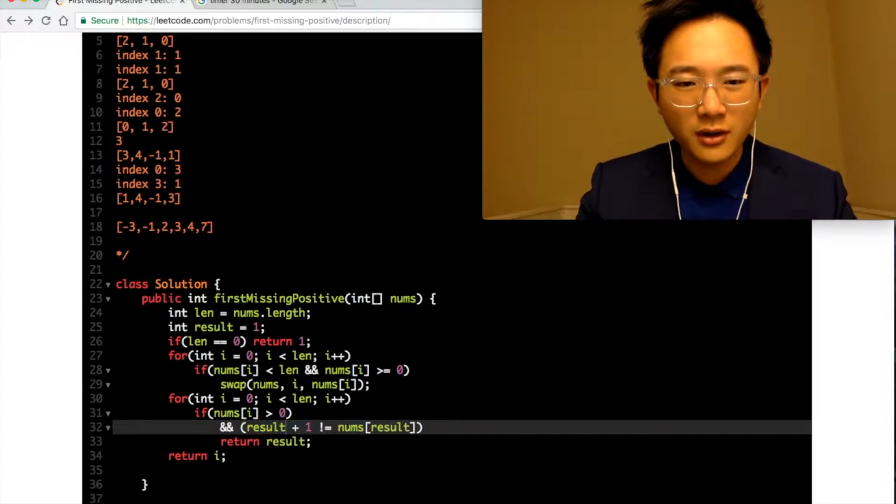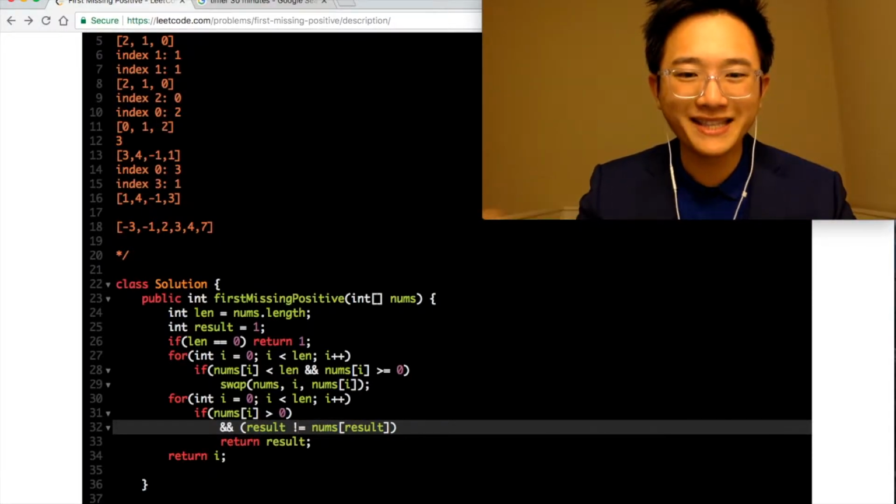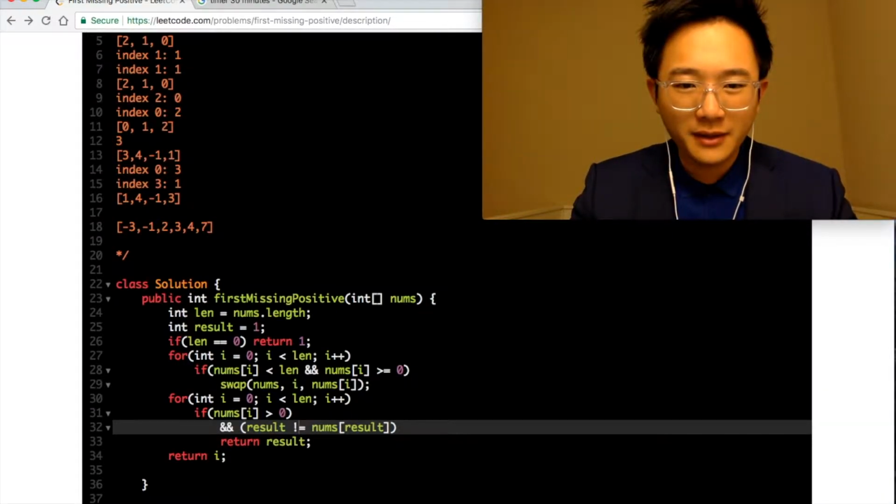So if this number is larger than 0 and result plus 1, what is result plus 1? Result is equal to, wait, it should be non-equal because we want the first missing one. If it's larger than 0 and the result is not equal to numbers i, then we'll return result.